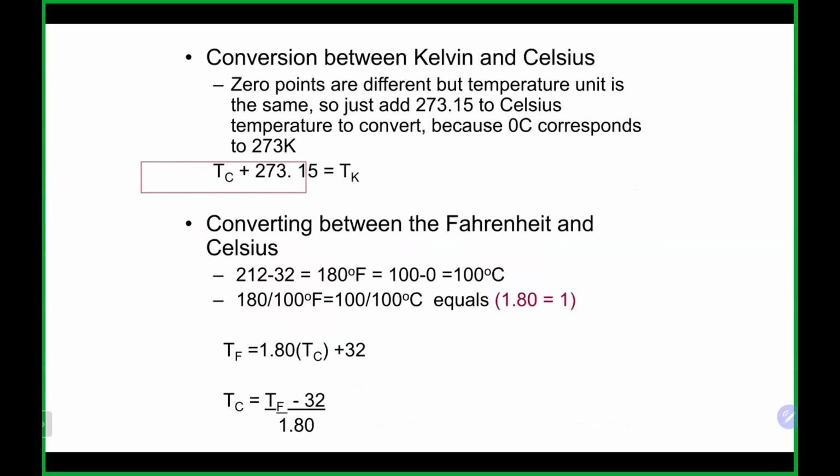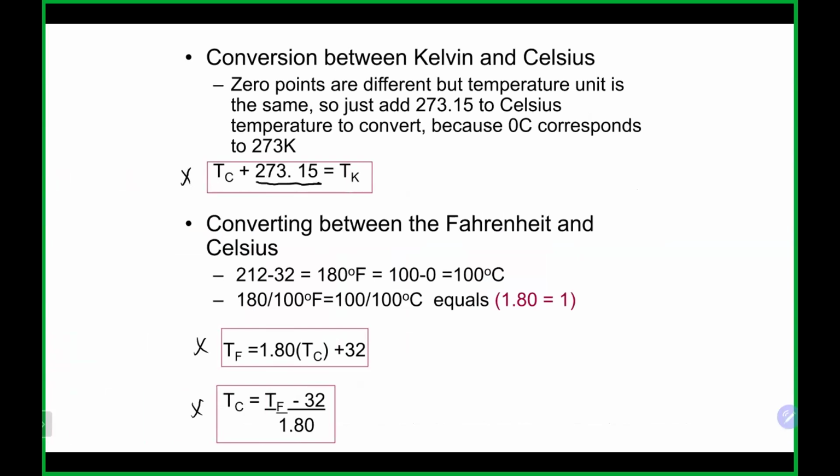And to convert between them, these three boxes here are things that you should definitely know. And again, they will not be provided for you, and you will have to do these conversions. So let's talk about the one that will do the most, which is the first box there. And that is the temperature in Kelvin is found by taking the temperature in Celsius and adding 273.15.